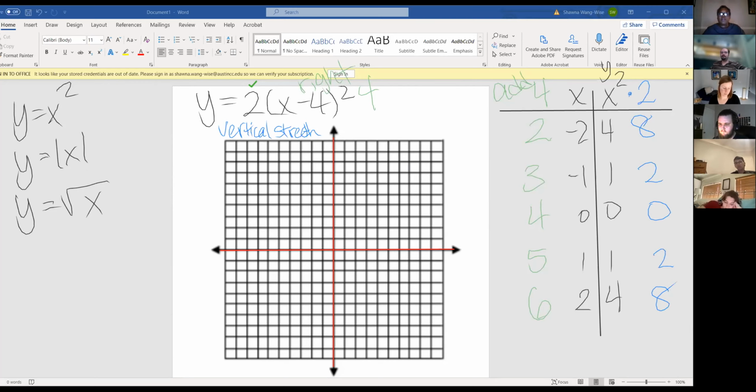Okay, I understand that the parent function was y equals x squared, but in order for me to be successful in making a graph, it's like you switched everything up.